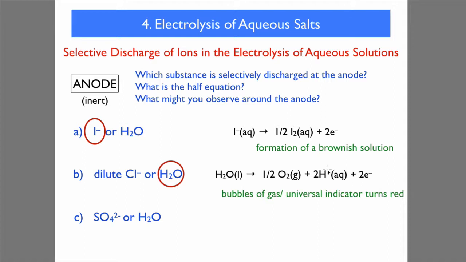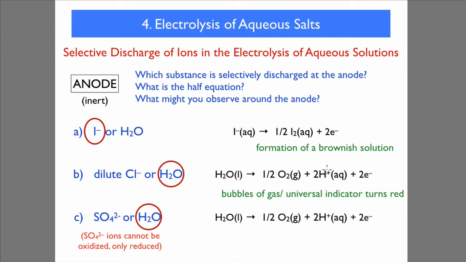The last one, have a think about it. It'll be the water. And why would it be the water? Well, it's going to be the water because the sulfate ions can't be oxidized. So there is the equation again, and we're going to get bubbles of gas, and universal indicator would turn red.